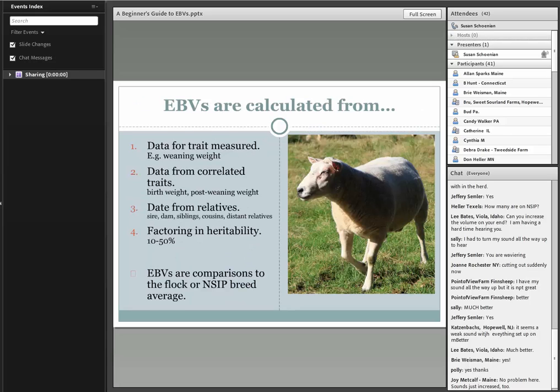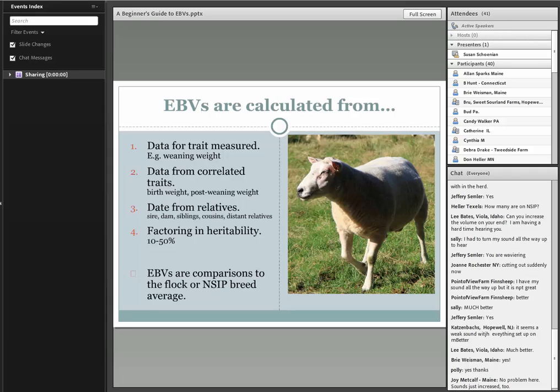So what an EBV is actually calculated from is the data for the trait that you're measuring. Let's say this ram, when it was younger, had a weaning weight of 70 pounds. It had an adjusted weaning weight of 85 pounds. That's going to go into the calculation.